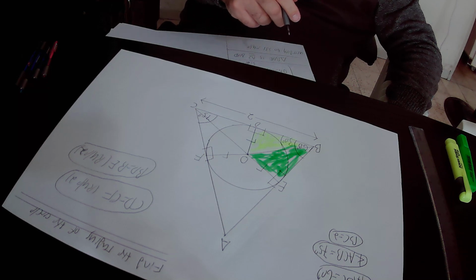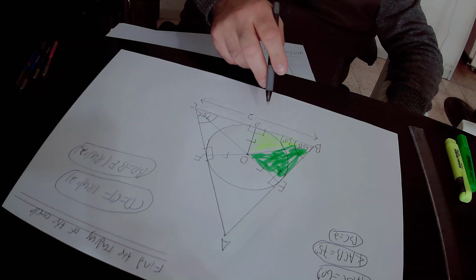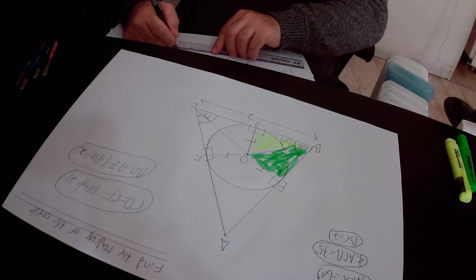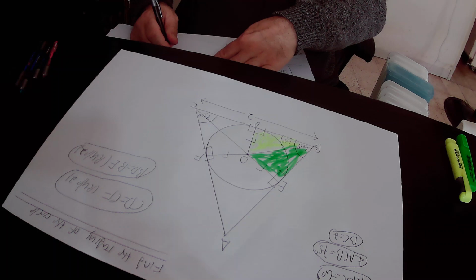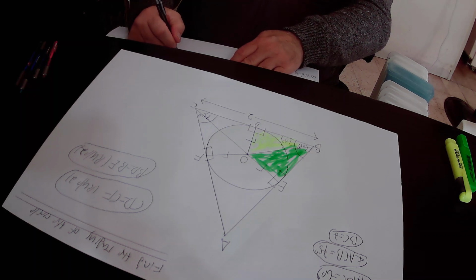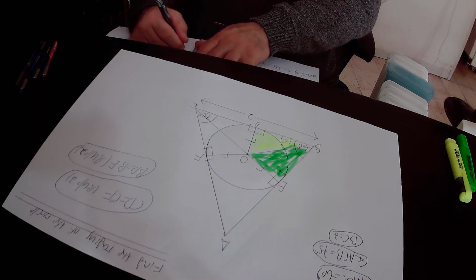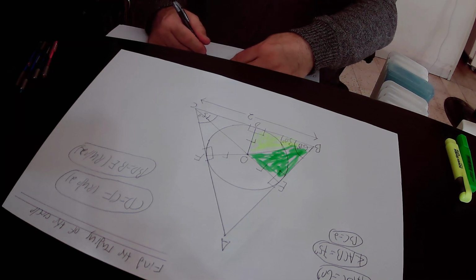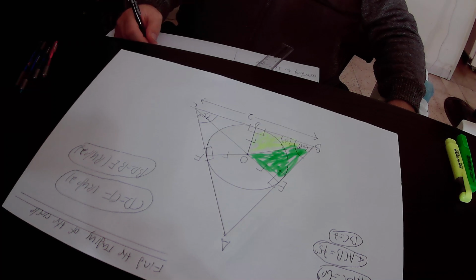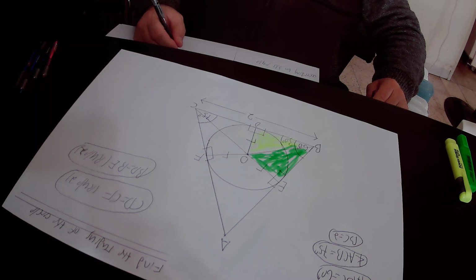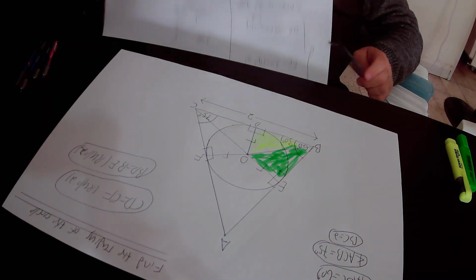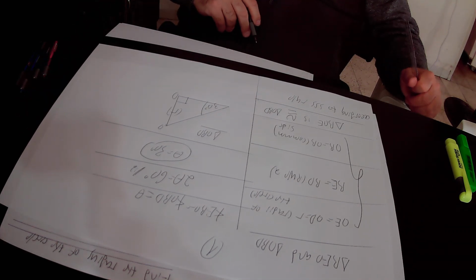In the next step, I will copy the right yellow triangle OBD to a new page, and we will analyze this triangle. So this is the right yellow triangle OBD that I got from the original drawing.